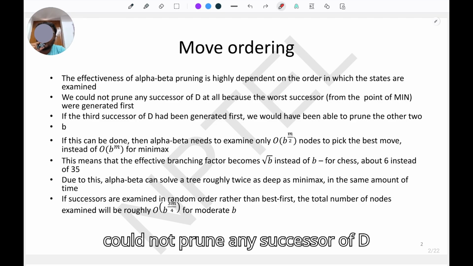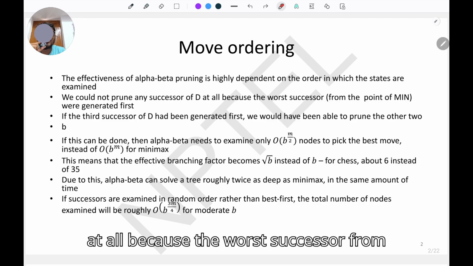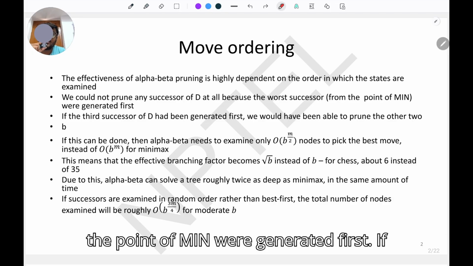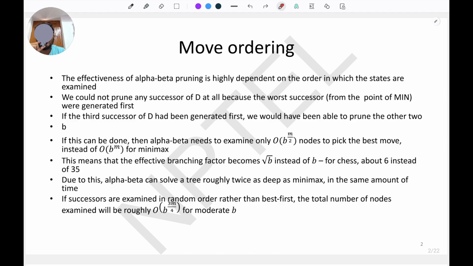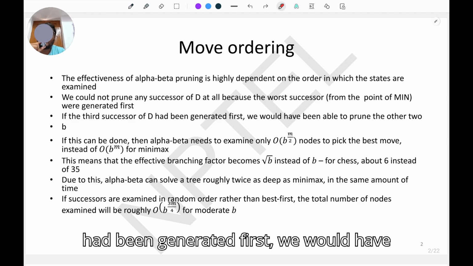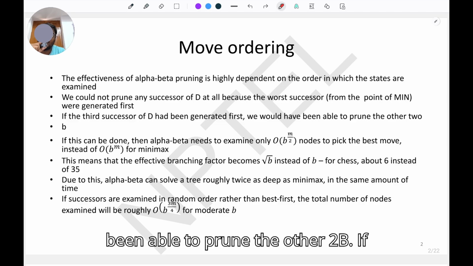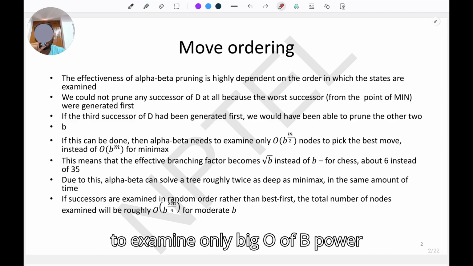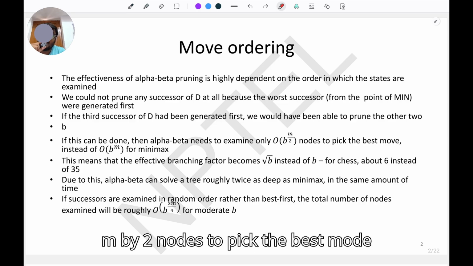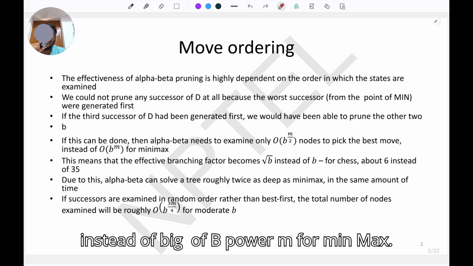We could not prune any successor of D at all because the worst successor from the point of view of min was generated first. If the third successor of D had been generated first, we would have been able to prune the other two. If this can be done, then alpha beta needs to examine only O(b^(m/2)) nodes to pick the best move, instead of O(b^m) for min-max.